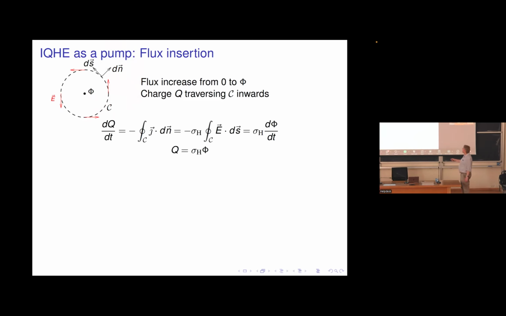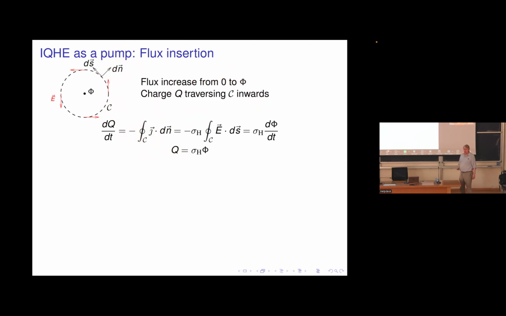So how much charge flows through the circle per unit time, dq by dt, when we integrate the current density across the circle? You take the normal to the circle again, and if you count the charge positively when it goes inwards, then you put the minus sign.